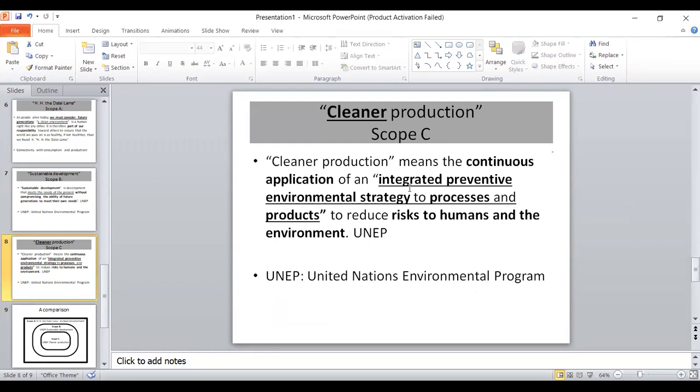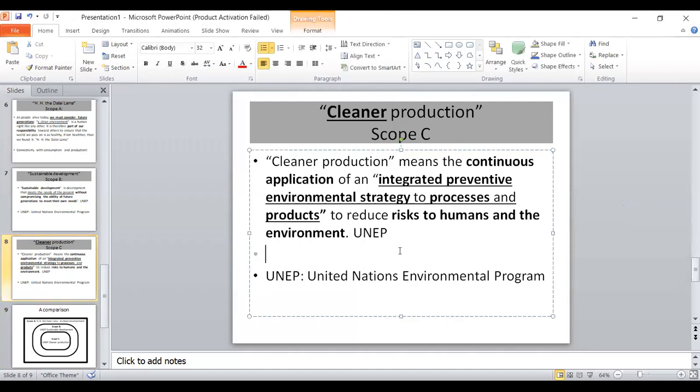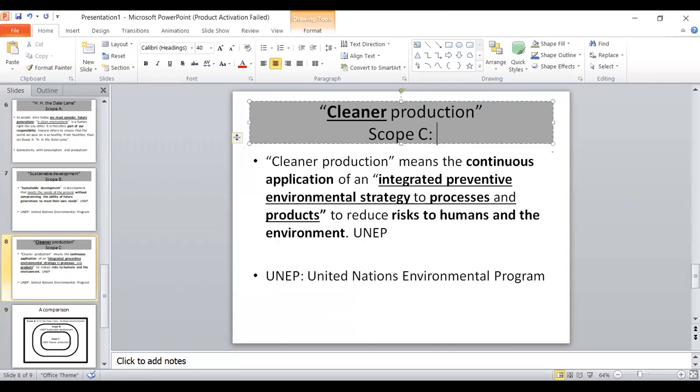So this is about a preventive environmental strategy applied to products and processes to reduce risks to humans and the environment. So this is something like now.